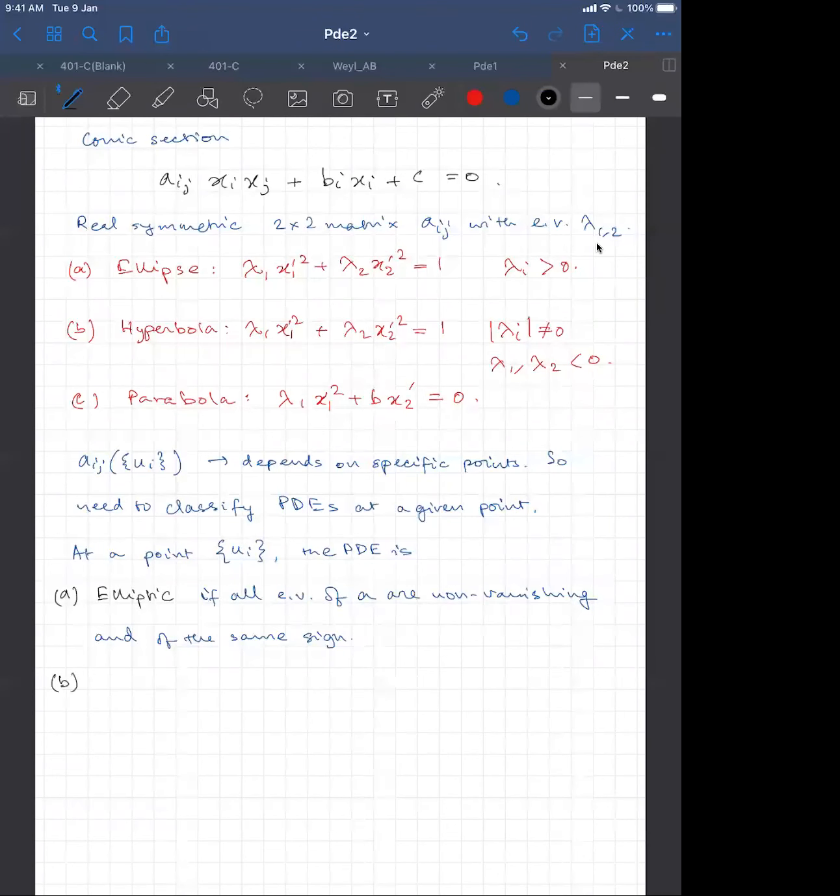Two, hyperbolic if all eigenvalues are non-vanishing and have different signs.